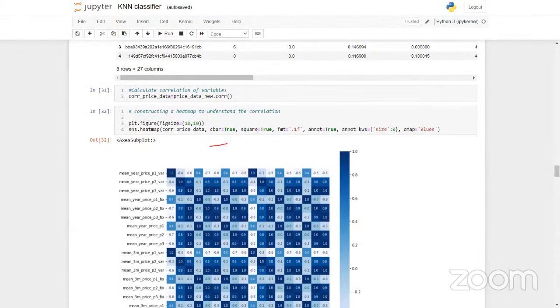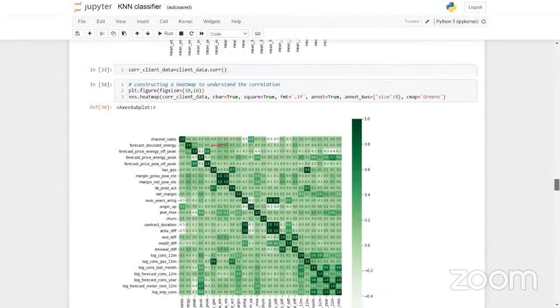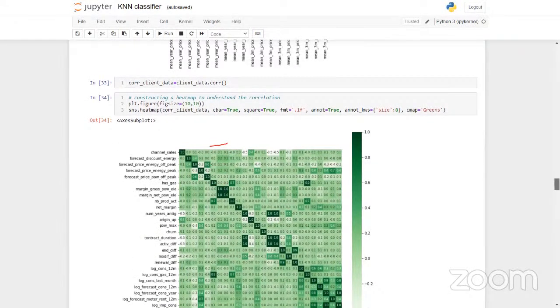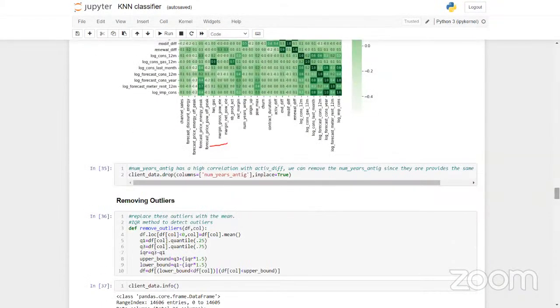After this, we are trying to build the heat map for both of the data sets, price data and customer data. We are building this correlation plot to find out whether multiple things are correlated or not. Here in this green one, we have number of years antique.